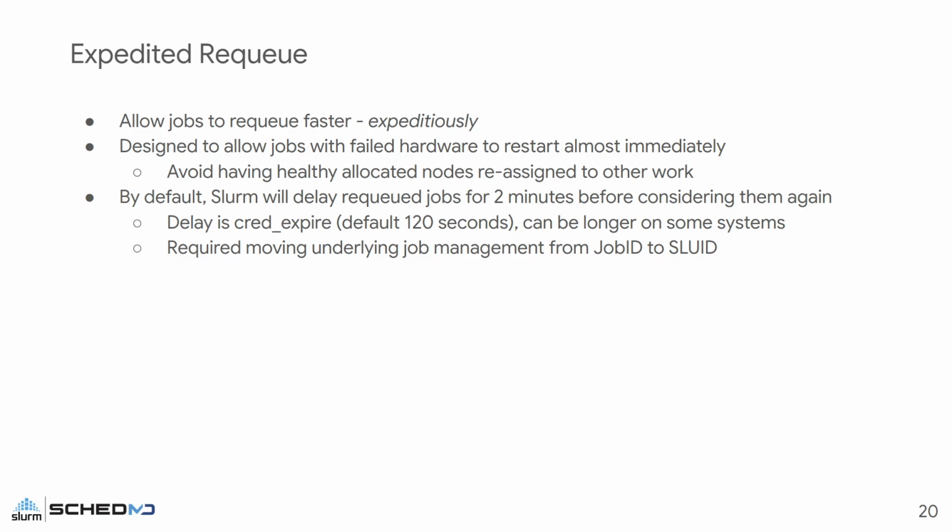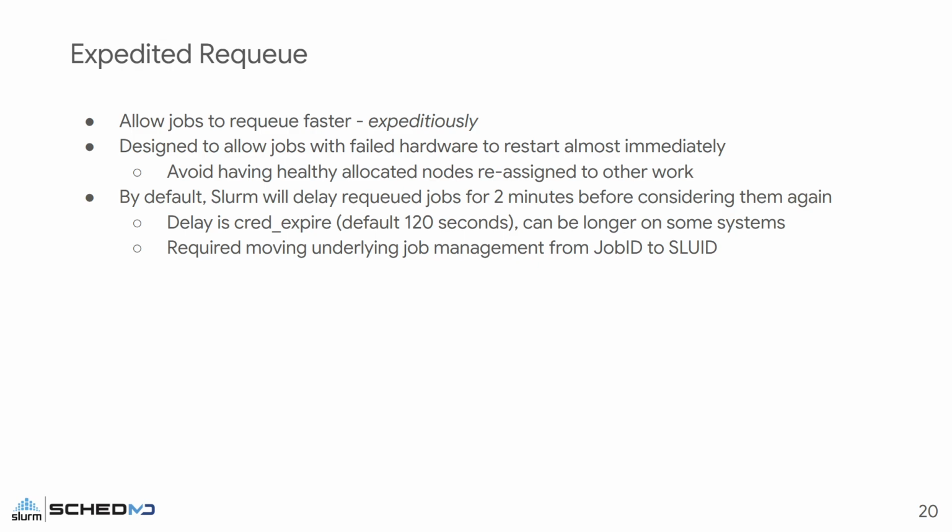But moving past this required pivoting all of the underlying resource management layer from keying everything off of this job ID, which is the same on a requeued launch, to this other identifier that we'd recently introduced called the SLUID. That SLUID is changed and reset on each requeue, and that's what lets the resource management layer kick and relaunch this safely immediately rather than having to wait.